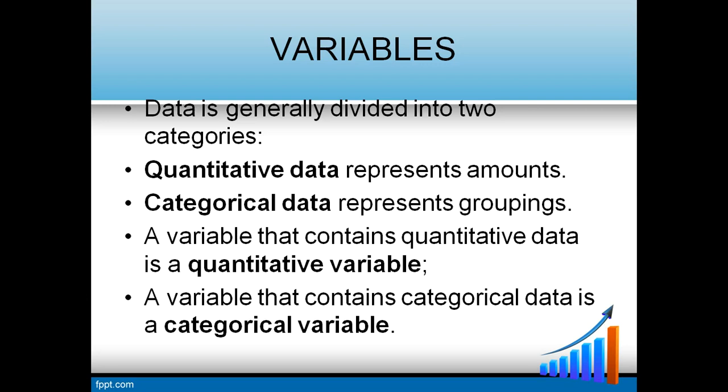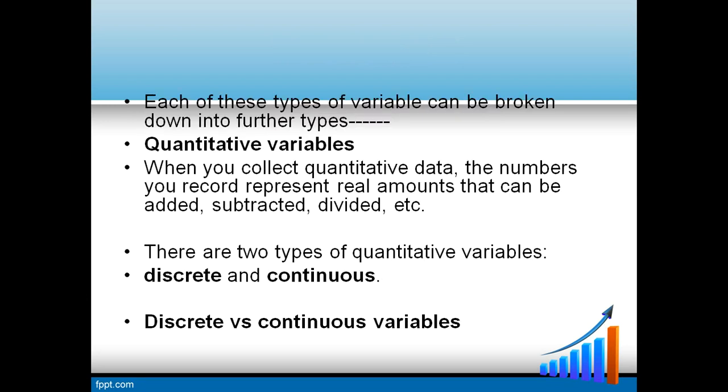Now variables are of many types. Data is generally divided into two categories: quantitative data, which represents the amount, and categorical data, which represents the groupings. A variable that contains quantitative data is a quantitative variable, and a variable that contains categorical data is called a categorical variable. Each of these types of variables can be broken down into further types. First is the quantitative variable.